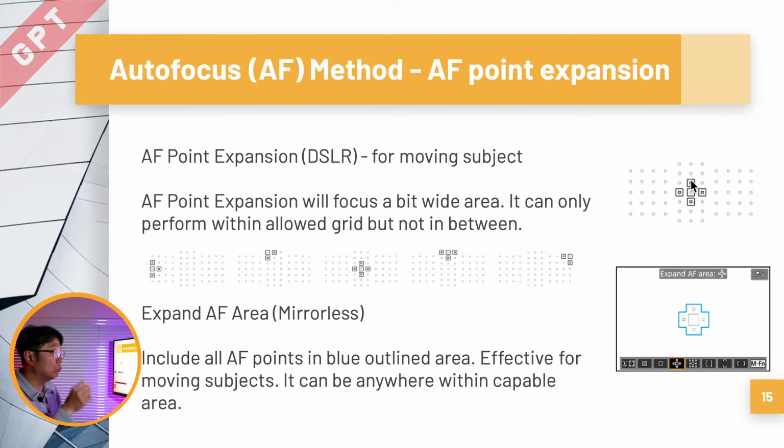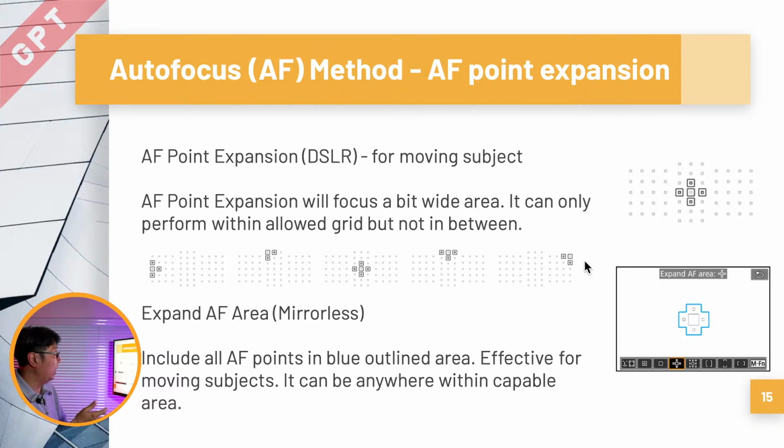It will calculate these 4 areas to check the focus information, the distance information. The thing is, this system is still more like an old-day chess piece. As you can see, it's always here, here, here, or here. It cannot extend outside of that.